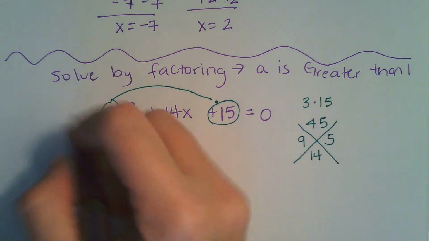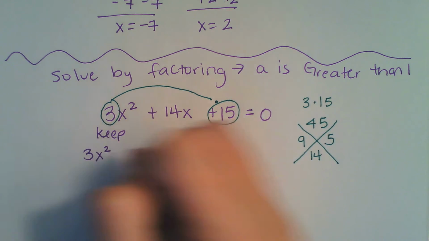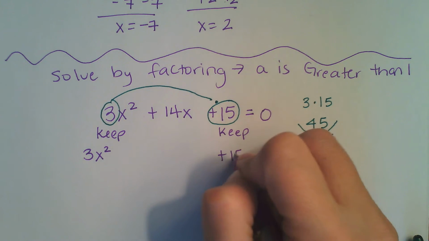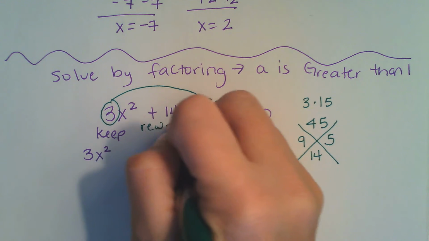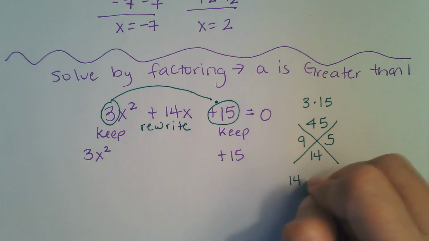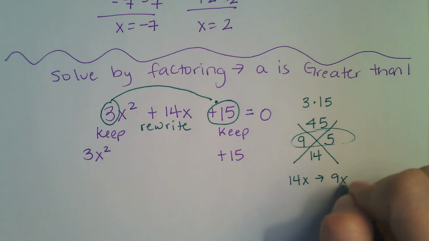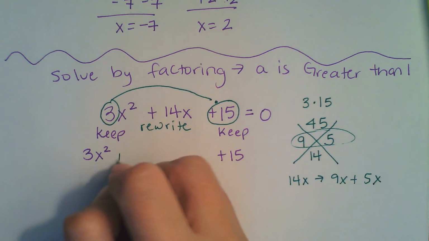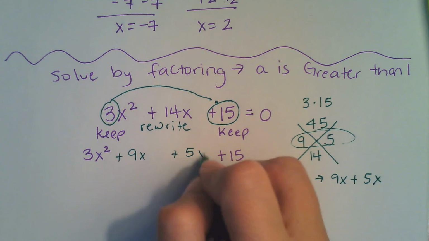So we keep the 3x squared and we keep the plus 15, and we're going to rewrite 14x using 9x plus 5x. So I rewrite that in the middle. 9x plus 5x.